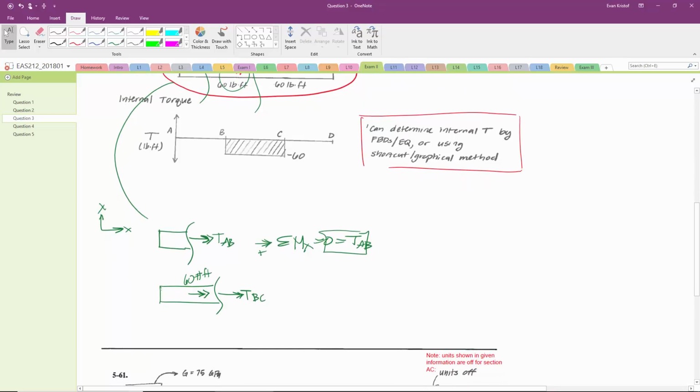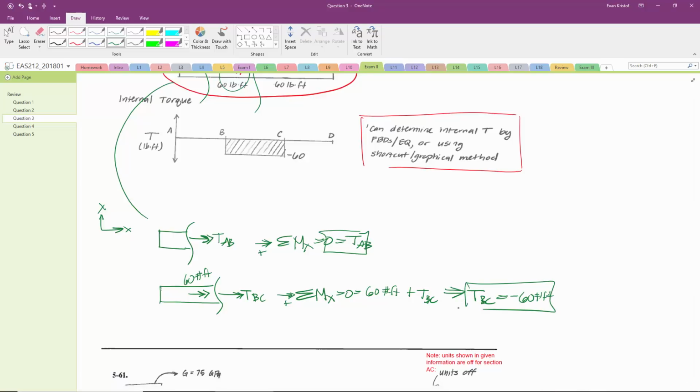If I do the same equilibrium equation, sum the moments about the x-axis equal to 0, I get 60 pound-feet plus TBC. In other words, TBC has to be equal to negative 60 pound-feet. And so on and so forth. There's one more section left, CD, and I can clearly see that that's going to be equal to 0.